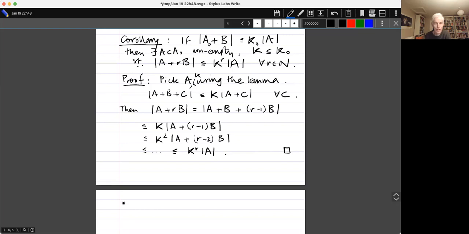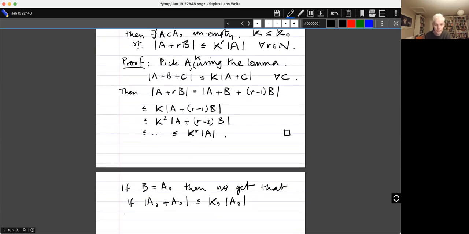So to note then that if B equals A naught, then we get that, well, sorry, the hypothesis that A naught plus A naught has size at most k naught times the size of A naught. I just see that I should have had an A naught up there as well.